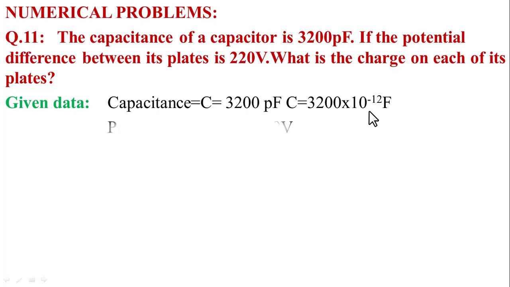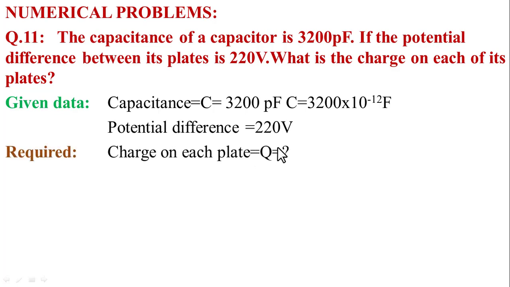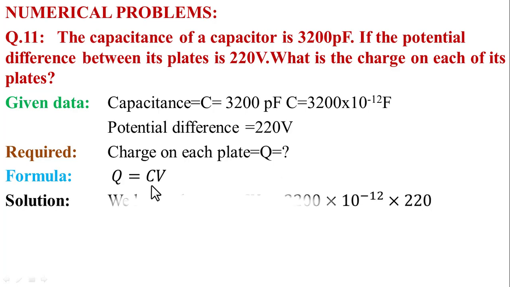Also given that the potential difference is equal to 220 volt. We require the charge on each plate Q. Using the formula, Q is equal to CV. So we can find the solution.